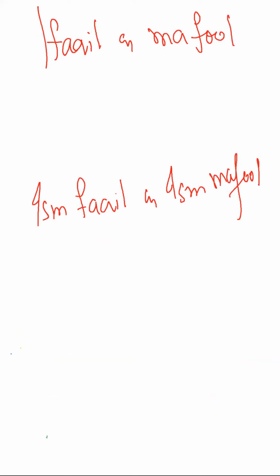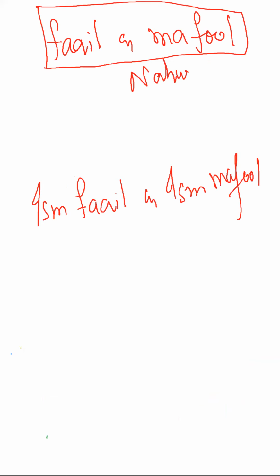So fa'il and maf'ul are nahu terms. Fa'il will be any ism, any masdar, any word that is a doer. And how will we know it's a doer?